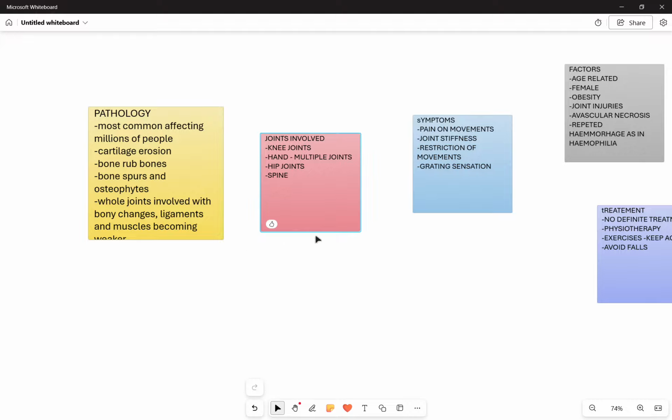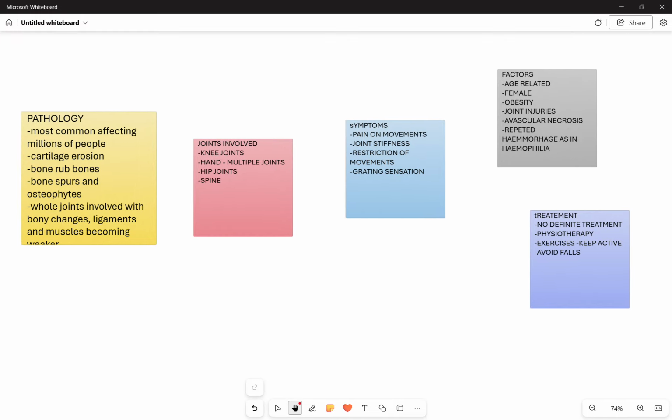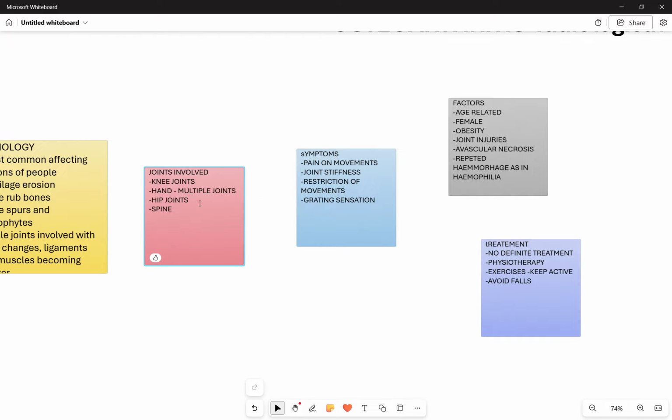So the joints involved are commonly knee joints. In the hand, usually it's multiple joints which are involved in different fingers. Hip joints, osteoarthritis of the hip joint, and the spine, leading to narrowing of the disc spaces between the vertebrae and causing pressure on the nerve, like sciatica and so on.